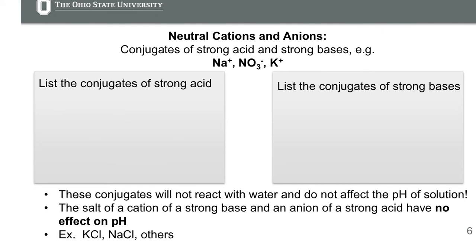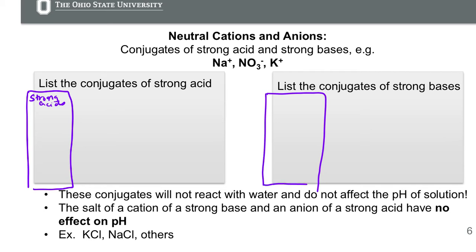Before we get to what's on this slide, we're going to test your recall. Make a list of the strong acids in the box where we're going to put the conjugates, and make a list of the strong bases in the list where we're going to put the conjugate bases. Feel free to work with your neighbor.